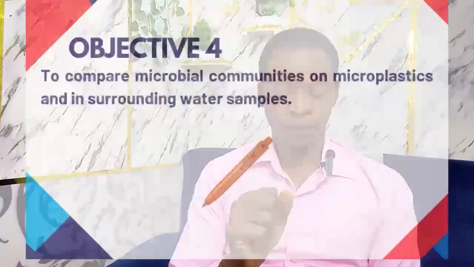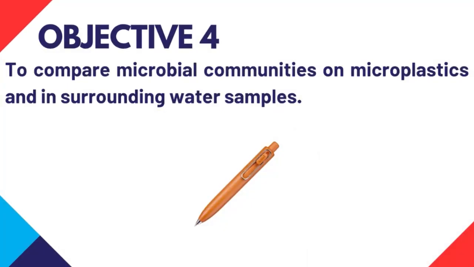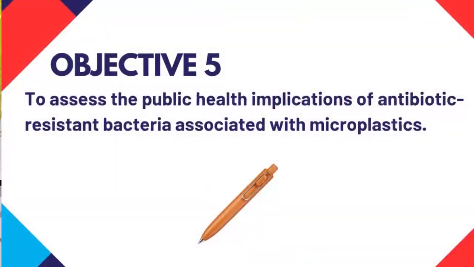Objective 4, to compare microbial communities on microplastics and in surrounding water samples. Objective 5, to assess the public health implication of antibiotic resistant bacteria associated with microplastics. Now we have our objectives, which are 5 in number.